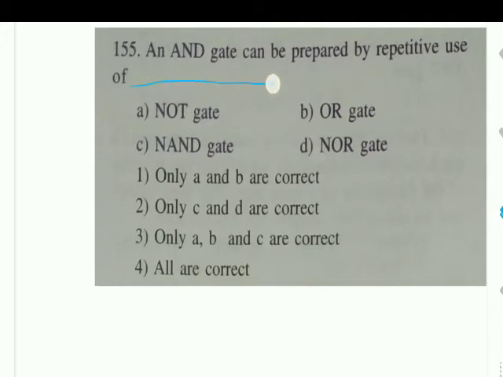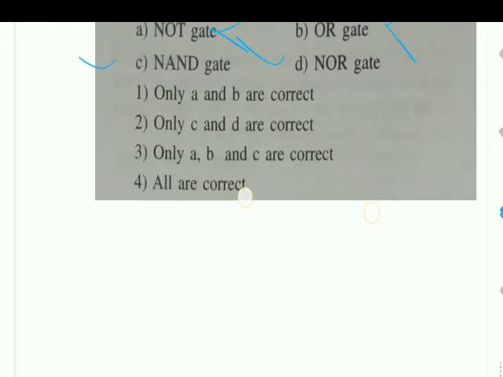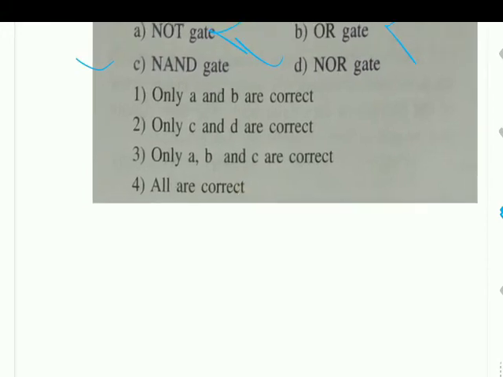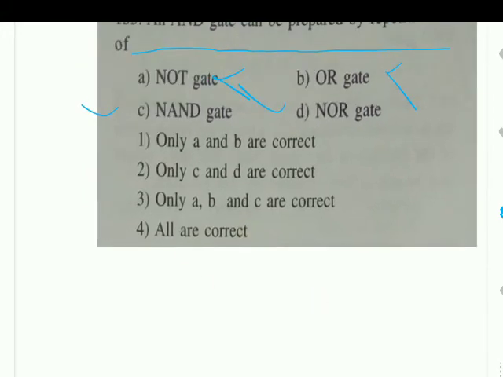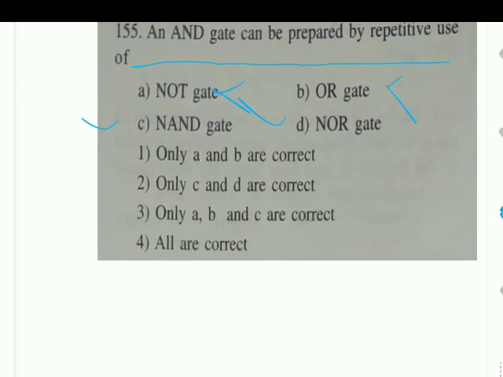An AND gate can be prepared by respectively using NOT gate, OR gate, NOT gate, NAND and NOR gates. NAND and NOR gates both are universal gates. So see the options. First one, only A and B. A and B are not universal gates.